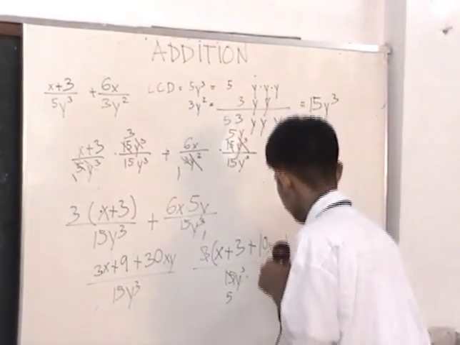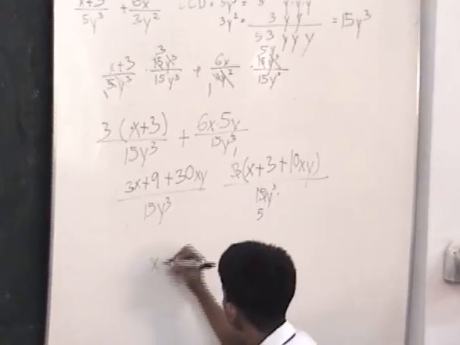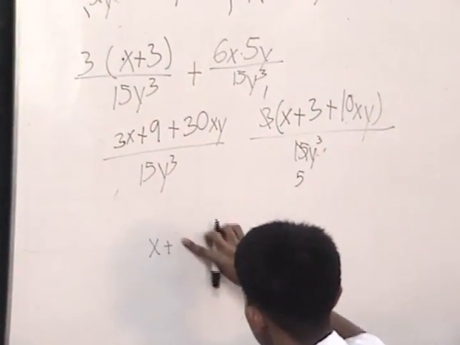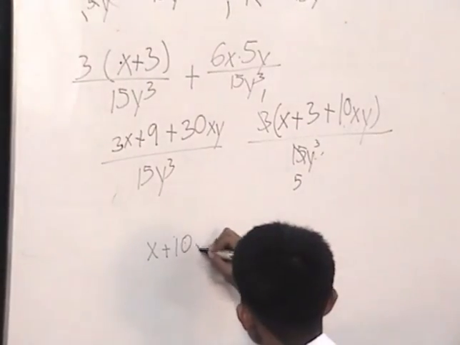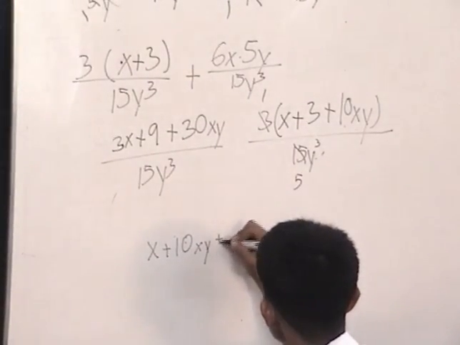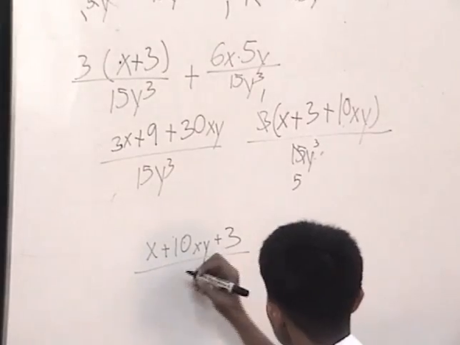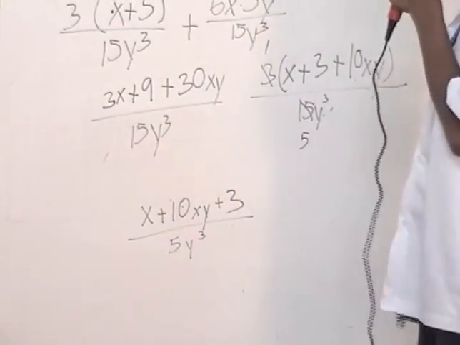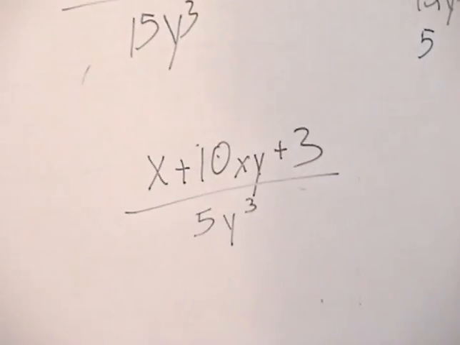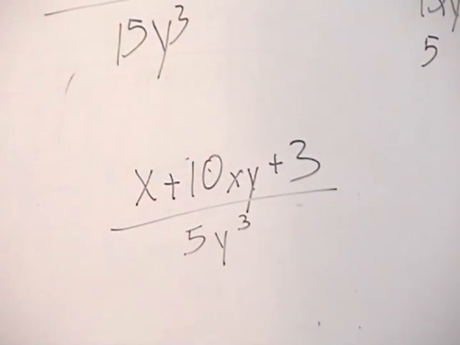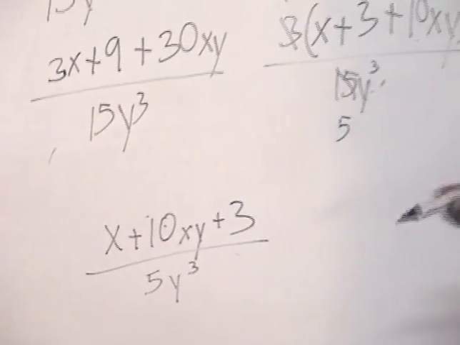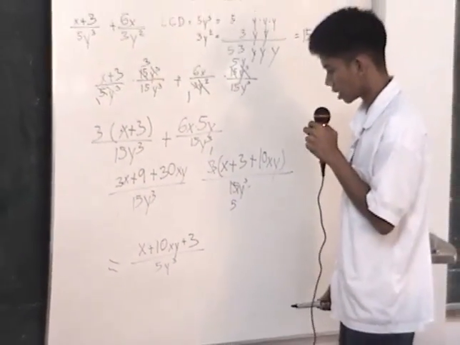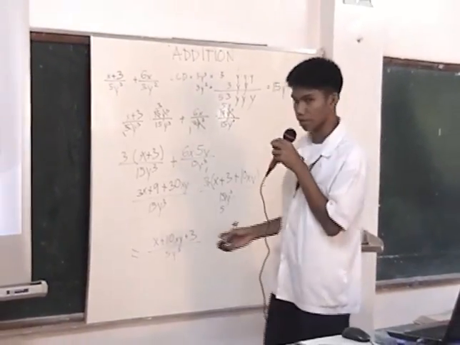And the answer is: the sum of x plus 3 over 5y cubed plus 6x over 3y squared is equal to x plus 10xy plus 3 over 5y cubed.